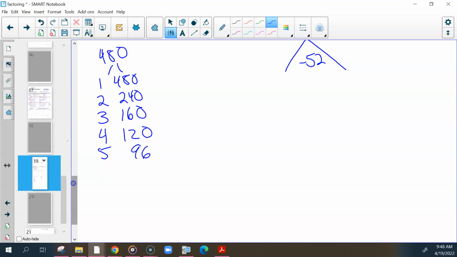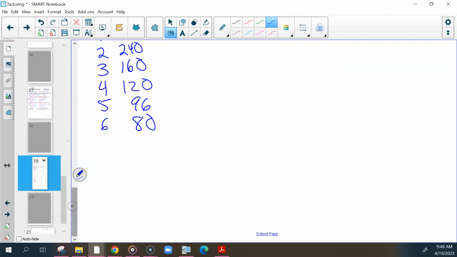By 6? 6 and 80. And not there yet. By 7? By 8? And it has to be negative. And if you do negative 60 and positive 8, that works.